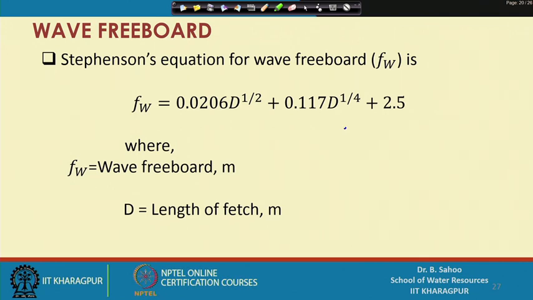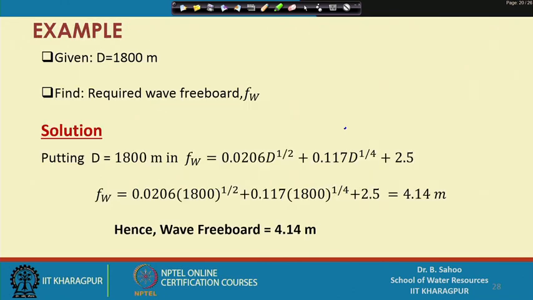For this we generally use Stevenson's equation, which is given by Fw equal to 0.02606 D to the power 0.5 plus 0.117 D to the power 0.25 minus 2.5, and here capital D is the length of fetch or the length of exposure from where the wind is blowing, and small fw is the wave freeboard in meter.